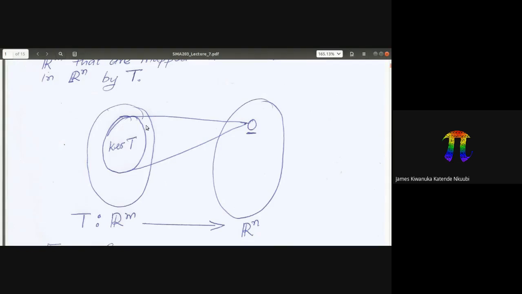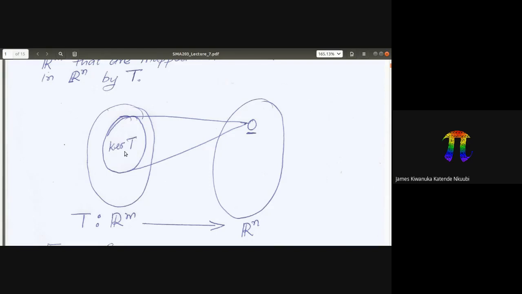So this picture should give you an idea of what the kernel is. The kernel is this set. Now, I think earlier on we saw that the zero vector is always mapped onto the zero vector. So one element that must always be in this set is the zero vector itself.